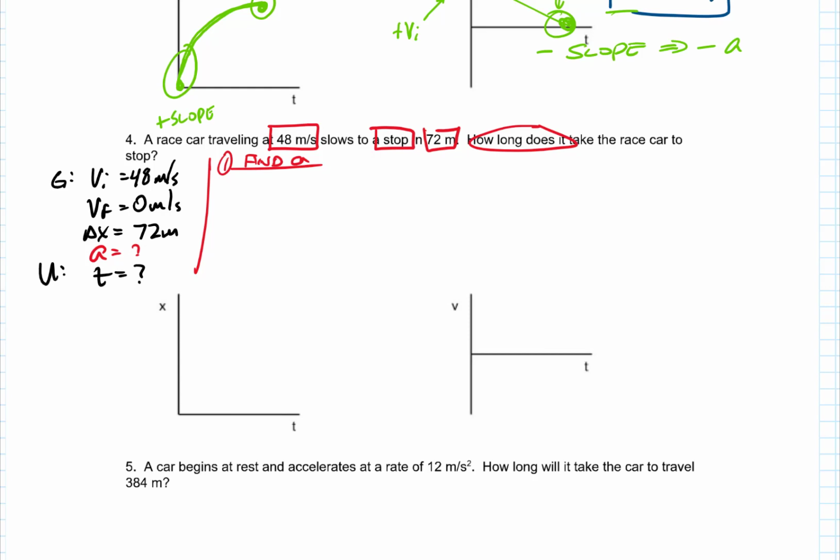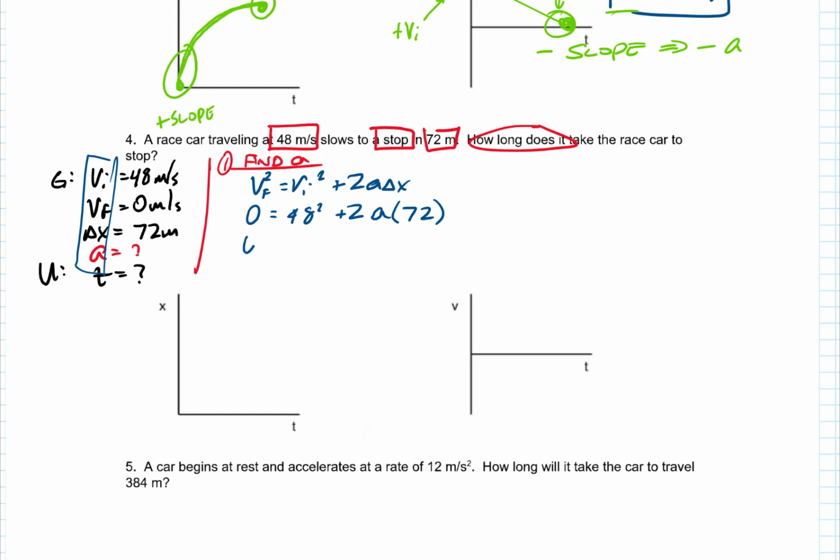On that journey to find acceleration, we're going to pick the equation that has initial velocity, final velocity, displacement, and acceleration in it. So v final squared is equal to v initial squared plus 2a delta x. So we're going to have 0 is equal to 48 squared plus 2 times a times 72.